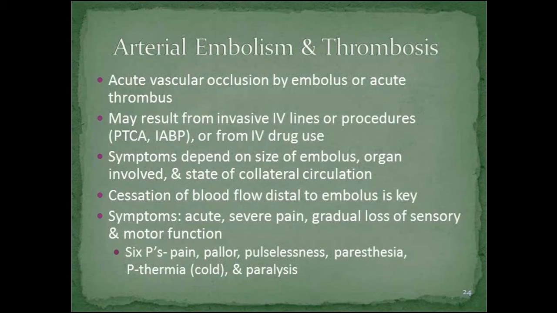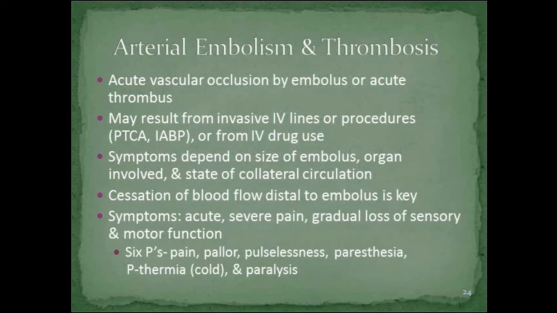Symptoms, of course, depend on where it's at and the size of the clot, and whether or not it's obstructing blood flow to a vital organ system. Symptoms also depend on whether or not there is good collateral circulation. So if we're talking about a blood clot in a radial artery from an A line, if they have good ulnar artery circulation, good collateral circulation there, then integrity of the hand will probably be okay.